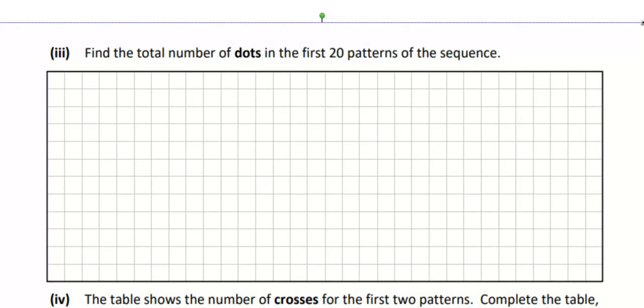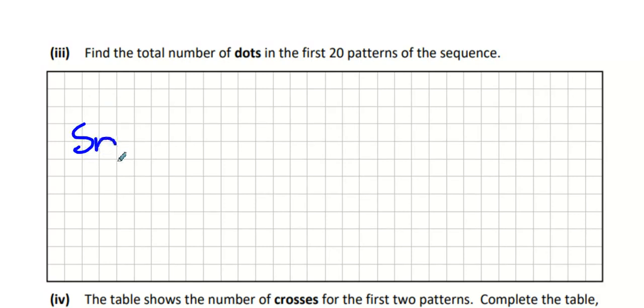Find the total number of dots in the first 20 patterns of the sequence. Is everybody familiar with what Sn is? Sn is your sum. I'll give you an example. S1 is the same as T1, and what's T1? 1, isn't it?